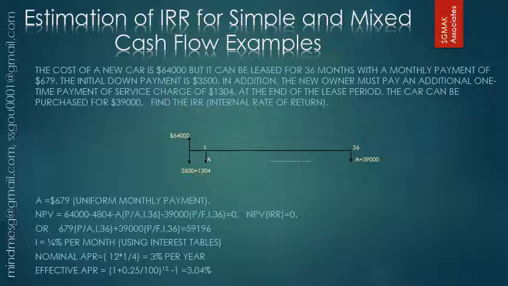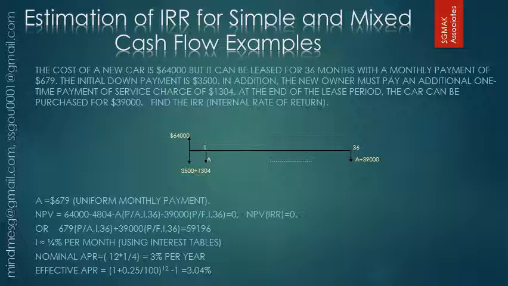So you have benefit 64,000 and then the rest are all cost: minus the one-time payment of 4,804, minus the present value of the annuity, minus the present value of a one-time future cash flow of $39,000. So that's the expression for net present value.